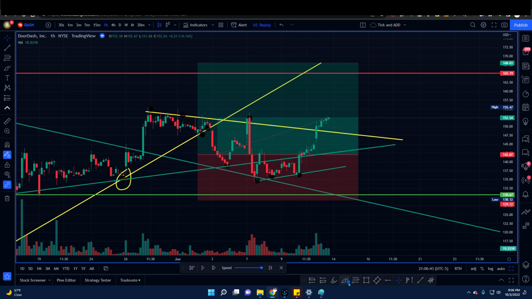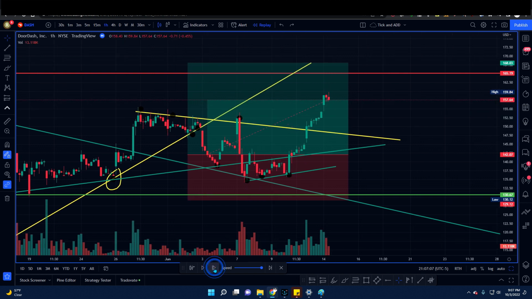But it's not enough above it to where you can say, okay, the bulls have won this line. Because it could come right here, come right back down, and then go back up. That would be ideal actually, because that would show that this green line is staying green. But let's see what happens. It's definitely yellow now though. It's suspect.